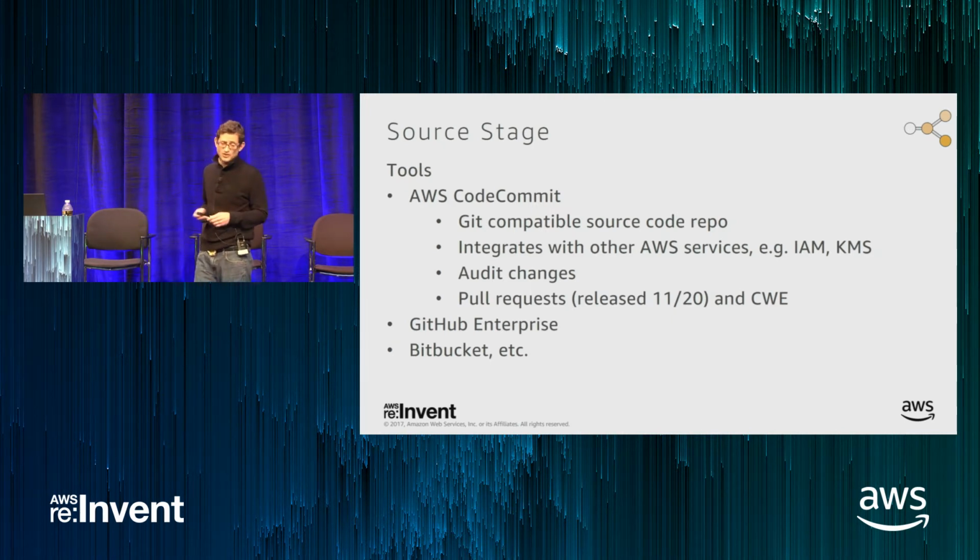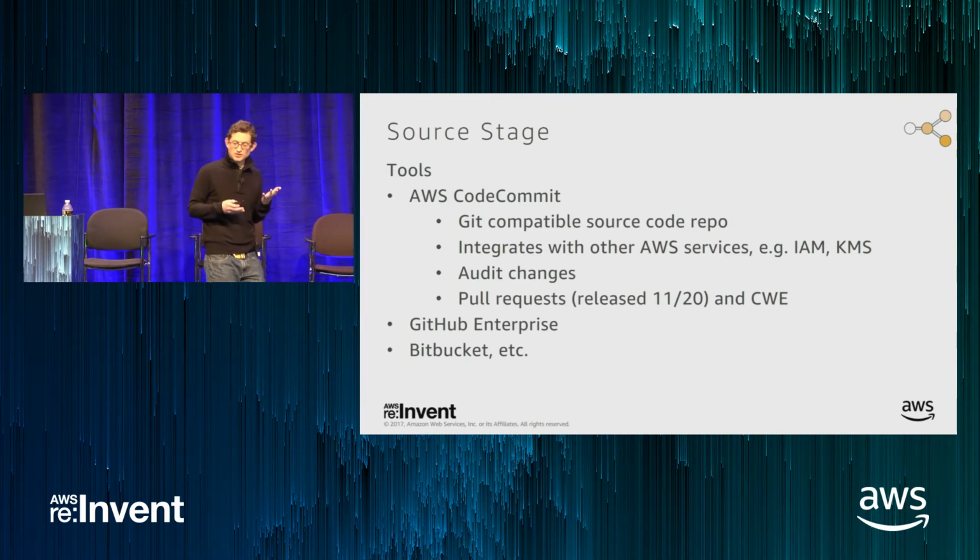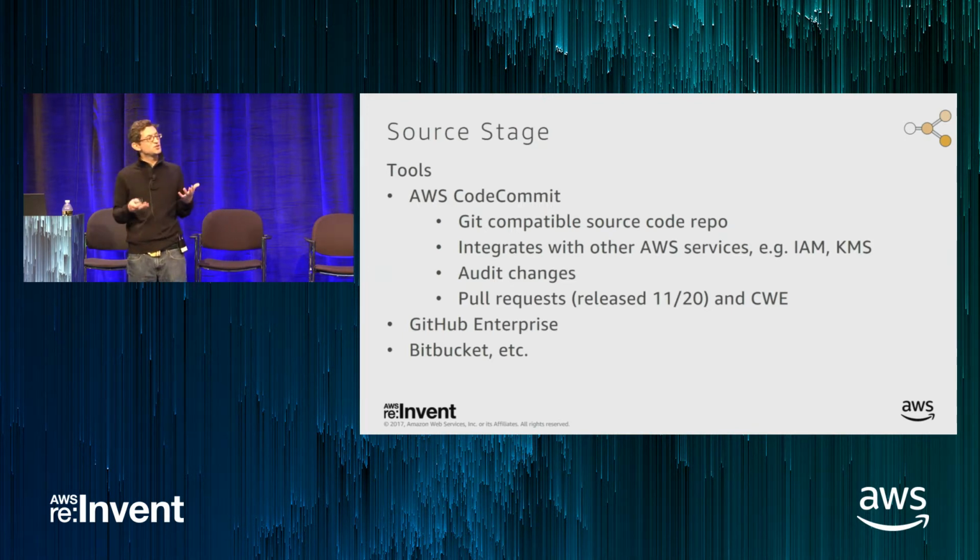Not surprisingly, it integrates with other AWS services like CloudWatch Events, which you can use to trigger actions as code is being checked in to the repository. So for example, using CloudWatch Events, you can trigger a function to do a build on a feature branch instead of waiting until that feature is merged into the main.